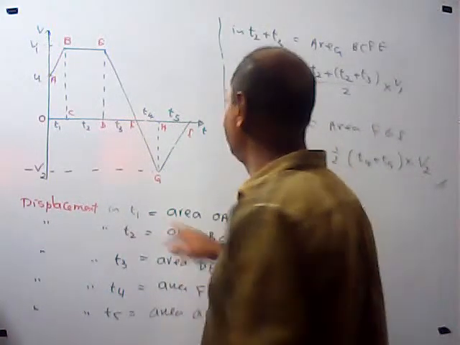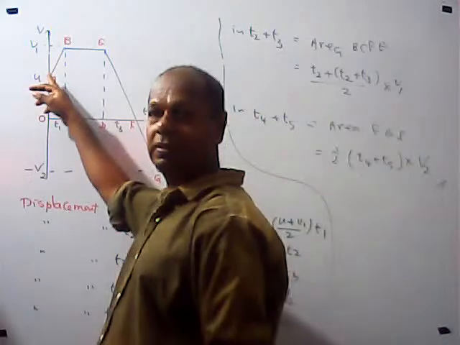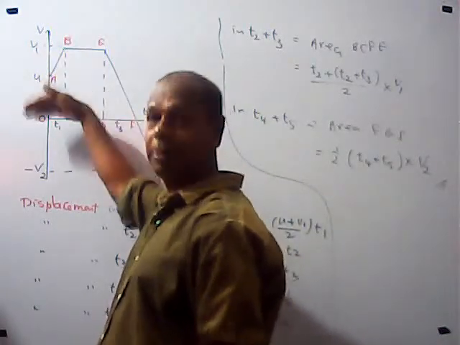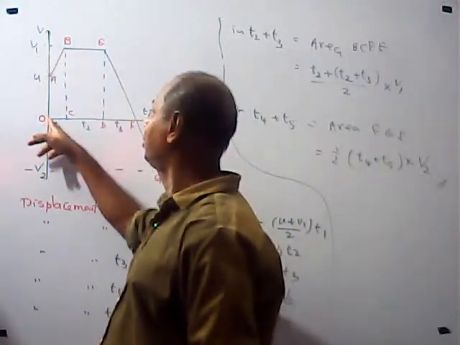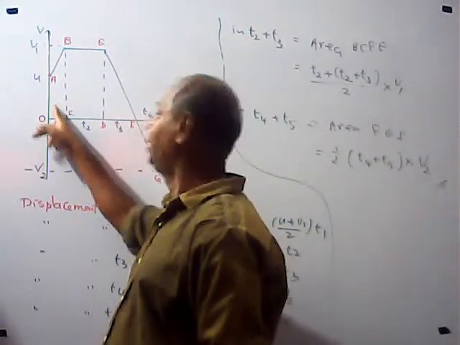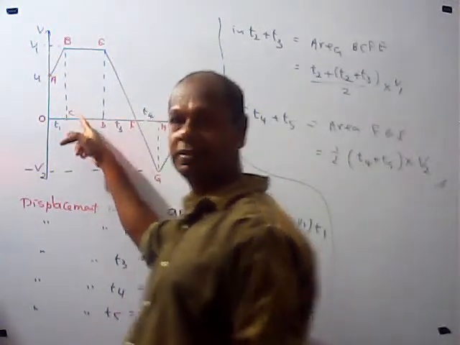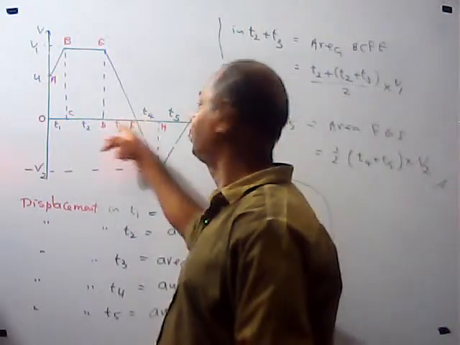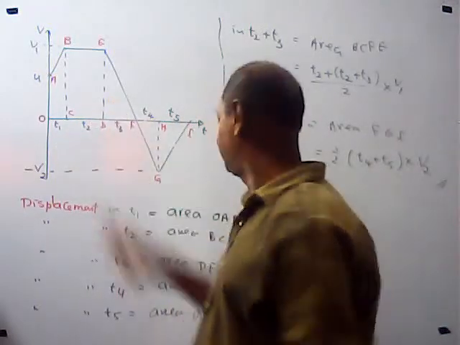The thing is, for T1, the graph is above the time axis, so displacement and distance in T1 are the same. In T2, displacement and distance are the same. In T3, displacement and distance are the same.